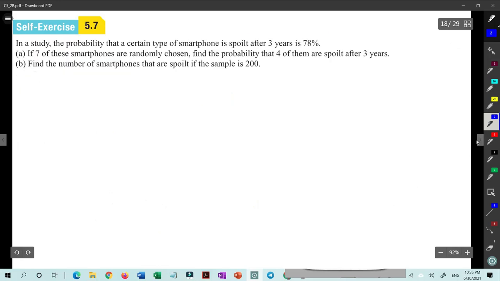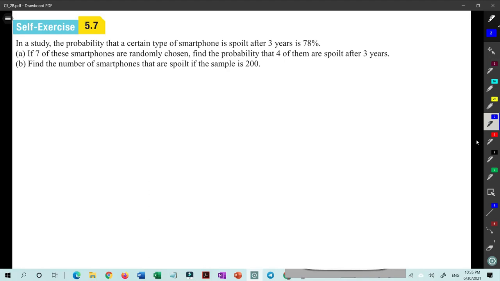Okay, let's look at question number 2. In a study, the probability that a certain type of smartphone is spoiled after 3 years is 78%. So meaning, if we select a number of phones, the probability of getting one spoiled phone is 78%.